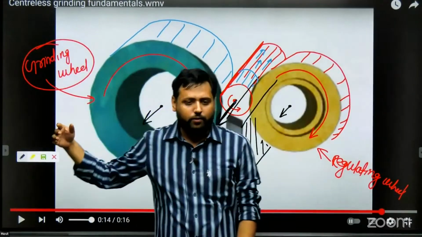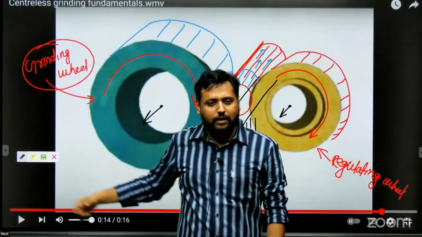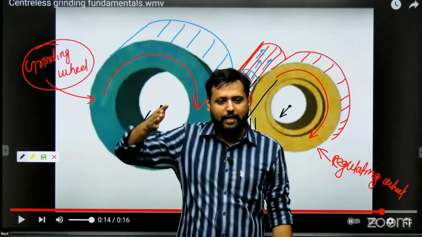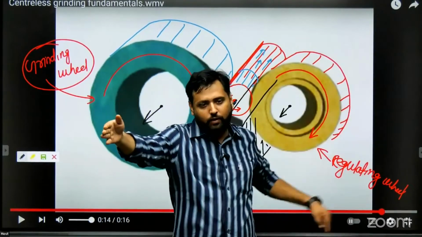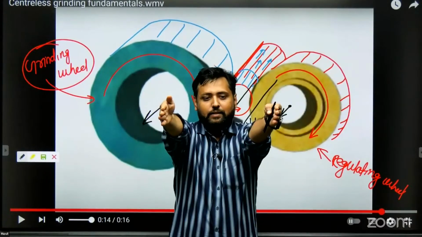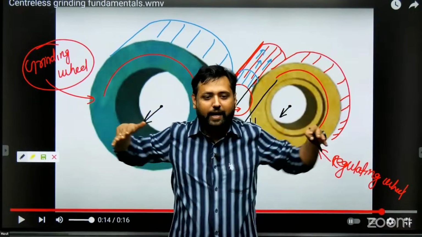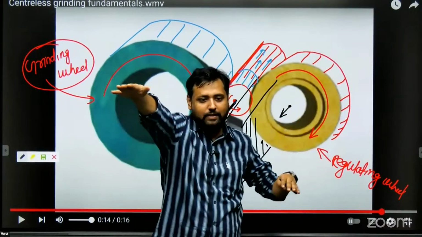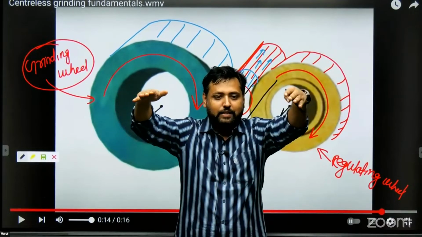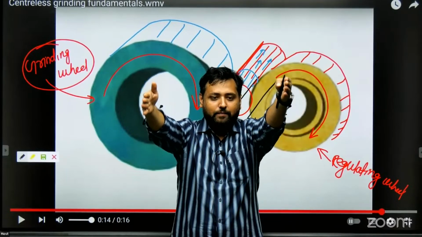So what I'm telling you is this is a grinding wheel, so it has this axis. This is that regulating wheel, it has this axis. Their axes are not parallel. Then how are they, sir? They are like this.